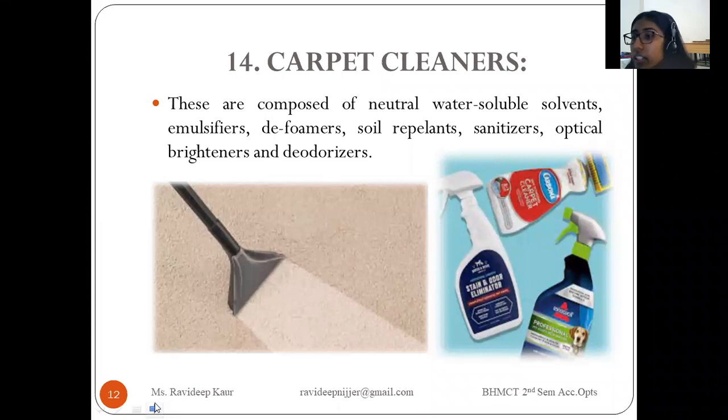They also sanitize the carpets. Optical brighteners enhance the brightness and neatness of the carpets. And last, the deodorizers: there is a fragrance in this solvent to remove odor.